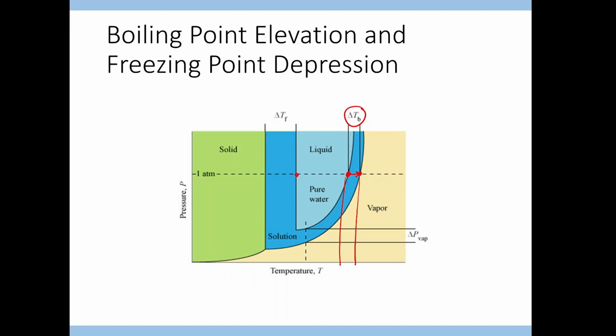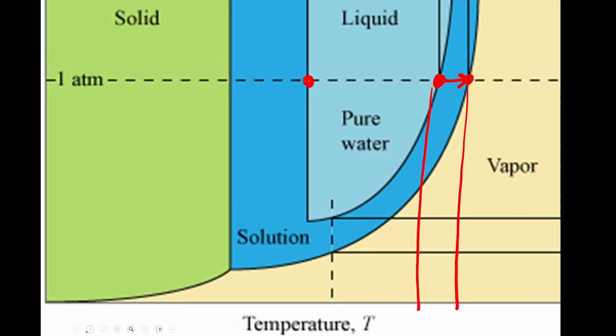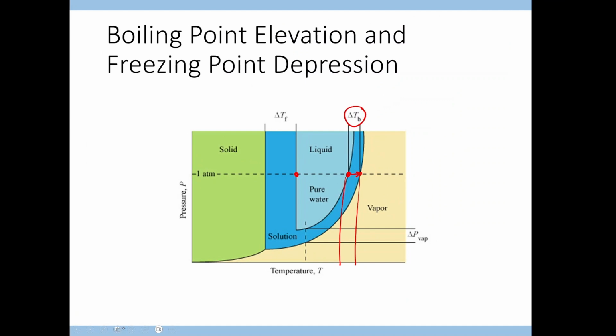Liquid water has a normal freezing point right here. If we add a solute, that freezing point is decreased to a lower temperature, and the change between these two temperatures is the delta T for freezing. Of course, it depends on the concentration of the solute.